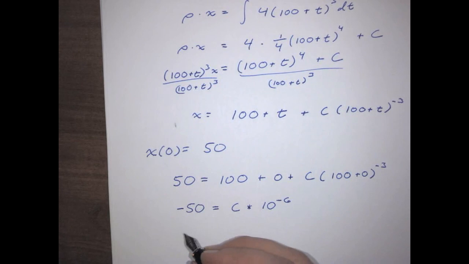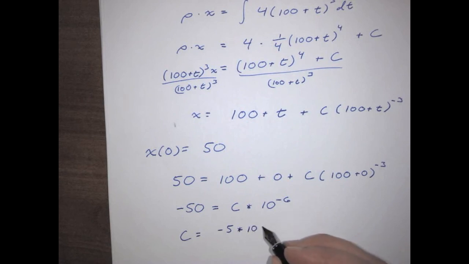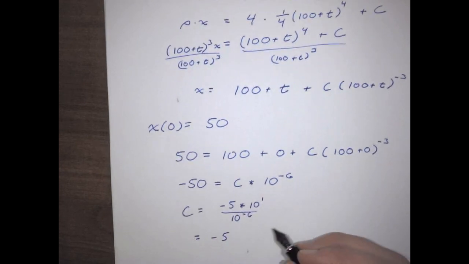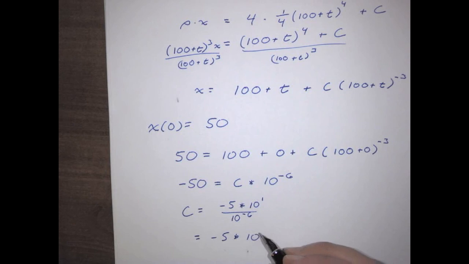And so that means c is going to equal negative 5 times 10 to the 1 divided by 10 to the negative 6th, which is going to equal negative 5 times 10 to the 7th.